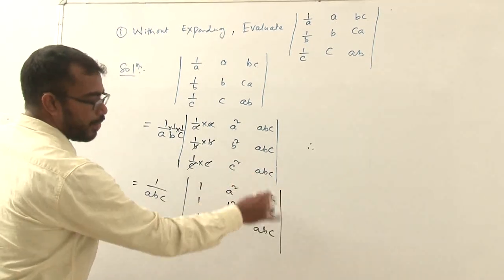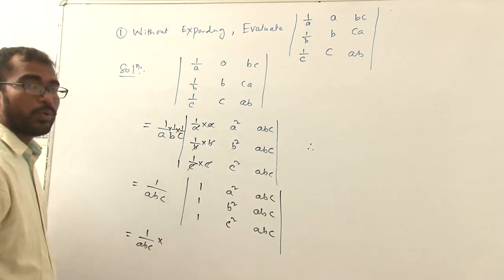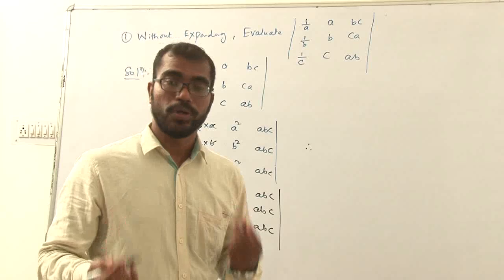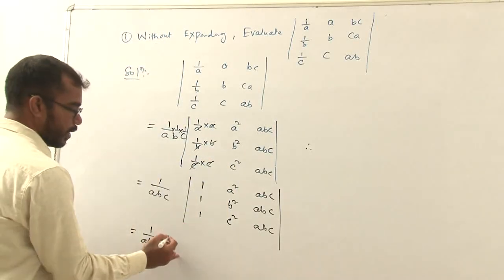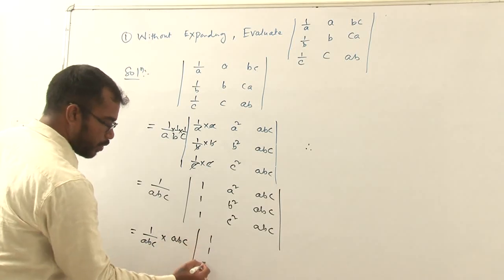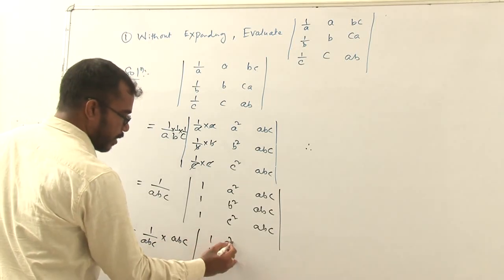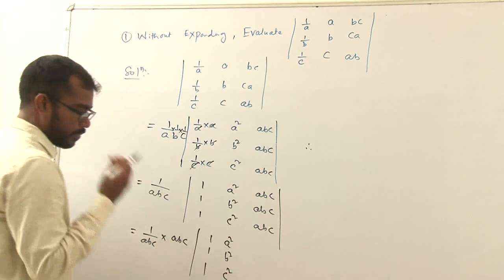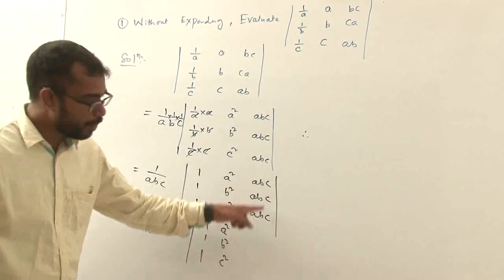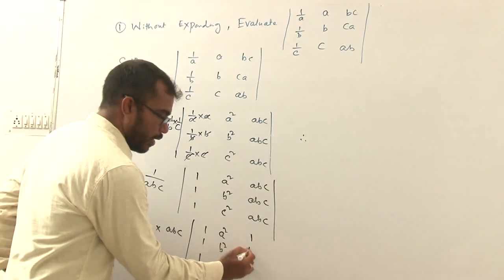As you know, we can take common factors from any row or column of a determinant. So here we take common ABC from column 3. The first column is the same, the second column is A square, B square, C square. As we take common ABC from column 3, we get 1, 1, 1.